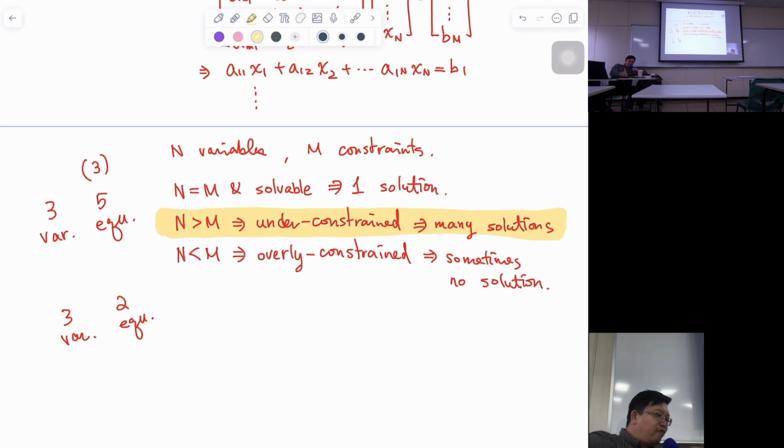In the future, if you try to solve constrained optimization, make sure you realize this, okay? Hold on, am I right? Yes, I'm right.